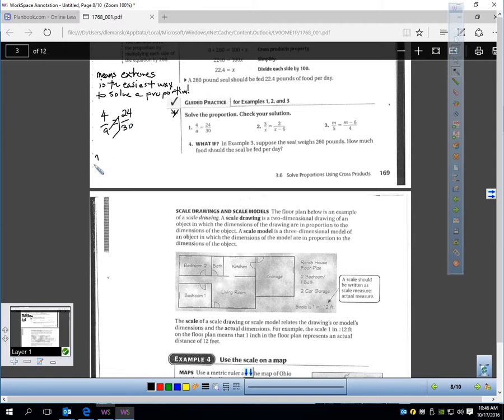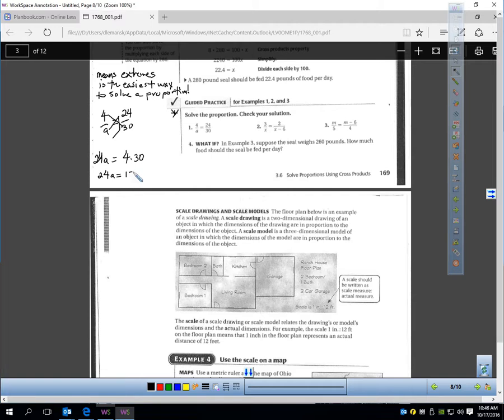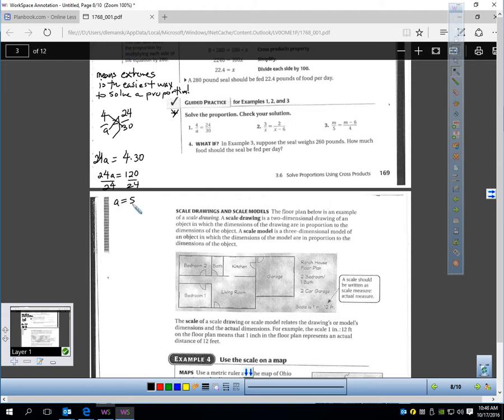I'll write it down as 24A. And that should equal the extremes, which is 4 times 30. So 24A should equal 4 times 30 is 120. And when I divide by 24 on each side, I ought to be getting that A is 5. I just used the means extremes property to solve this proportion.